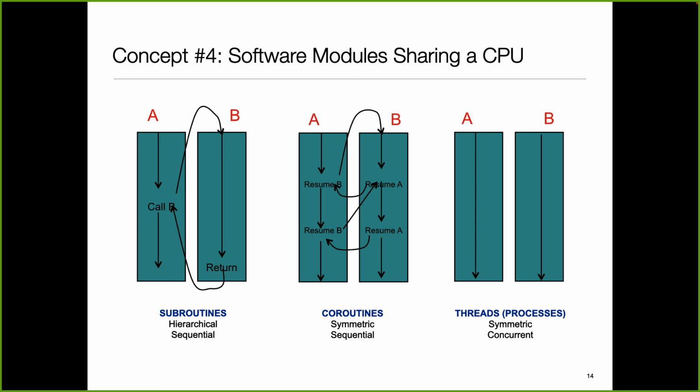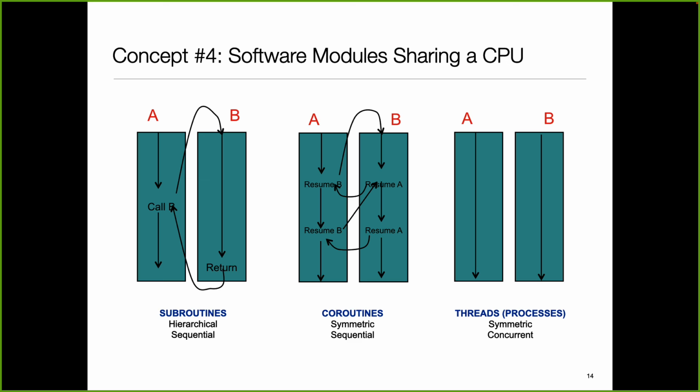But in coroutines, if you see out here, A called B, the first time it entered at the top, but then when we return, A starts, and next time when A calls B again, it's called resume in this case, to resume B, then we start B where we left off, as opposed to from the very beginning.